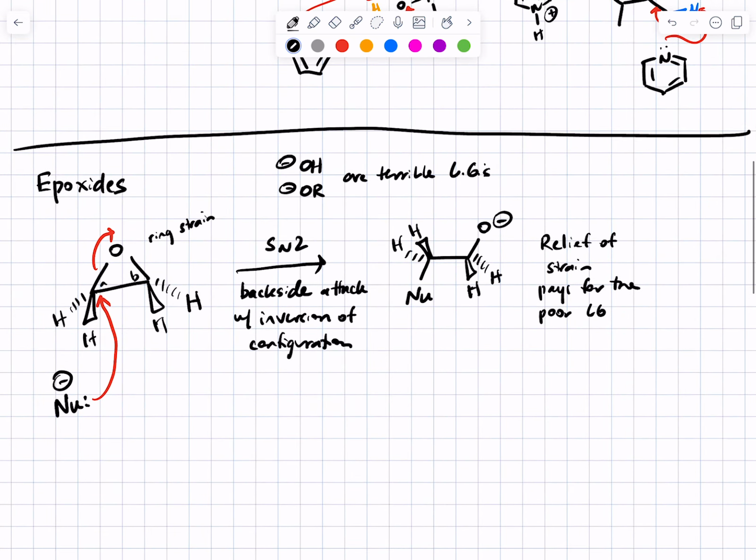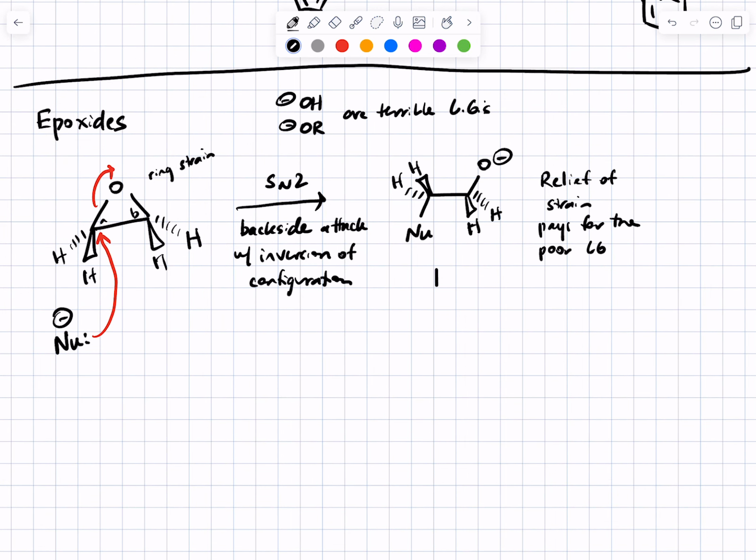All right, so we're going to be okay with epoxides opening up with nucleophiles to give you a negatively charged oxygen as an intermediate. Of course, that negatively charged oxygen is not what you isolate when you open up an epoxide in the lab. Often when you do these reactions, there is what I will call aqueous workup. That's not going to make any sense to you until you've actually done it in the 353 lab that some of you have to take.